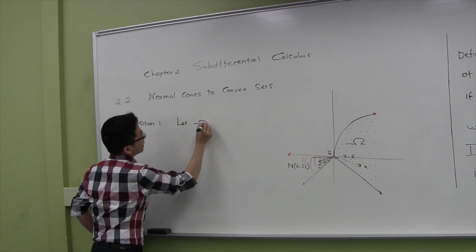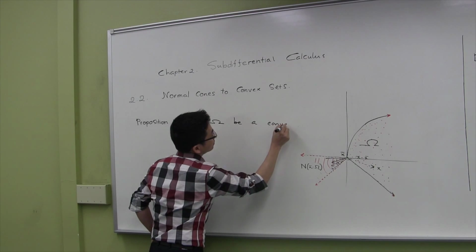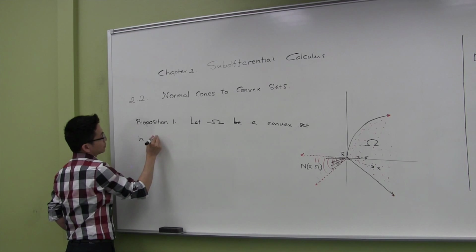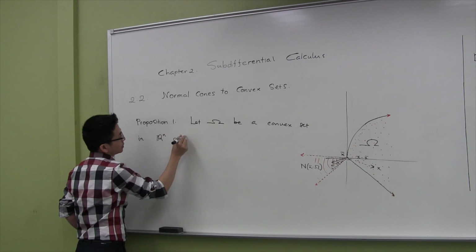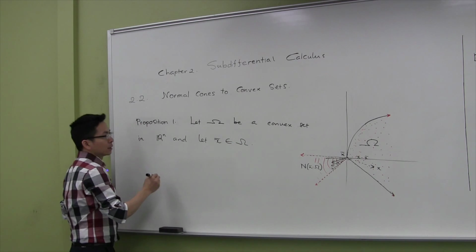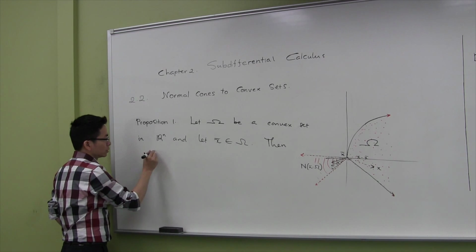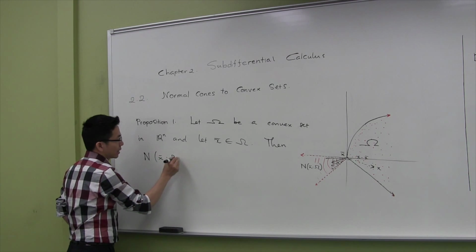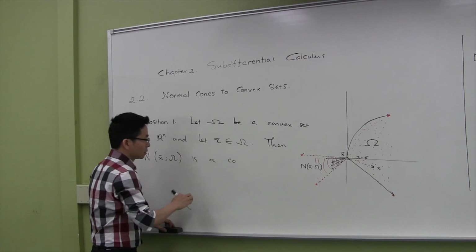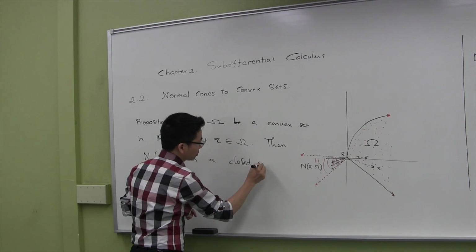Let omega be a convex set in R^n, and let x bar be a point in omega. Then the normal cone to omega at x bar is a closed convex cone.